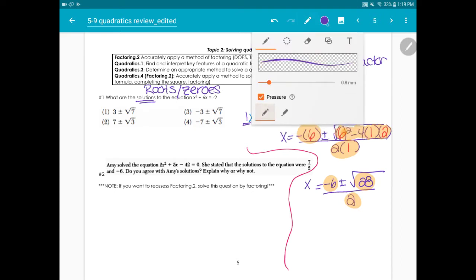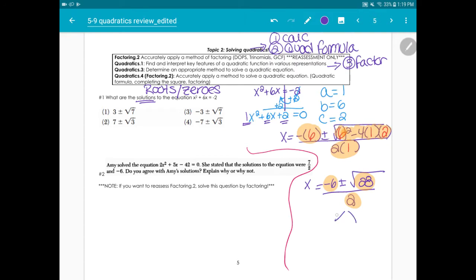And remember, this breaks into 2 different answers. One's going to be our positive answer, so negative 6 plus square root 28 divided by 2. And the other one's going to be our minus side, so negative 6 minus square root 28 divided by 2. So in order to see which one it matches, I'm going to convert these using my calculator. Let me do that on this screen here.